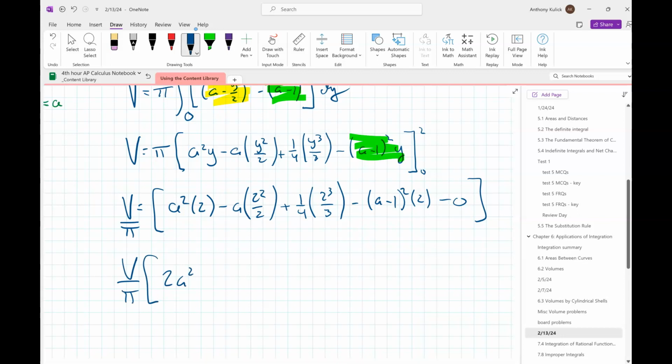So I have 2a squared minus 2a plus 2/3, and then minus, well, I guess we have to FOIL this out now eventually, right? 2a squared plus 4a and then minus 2.